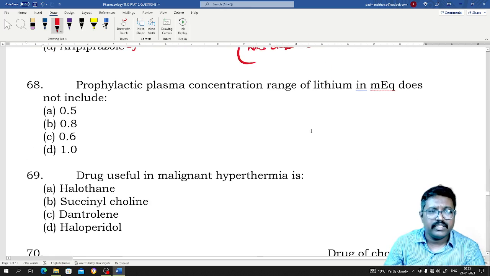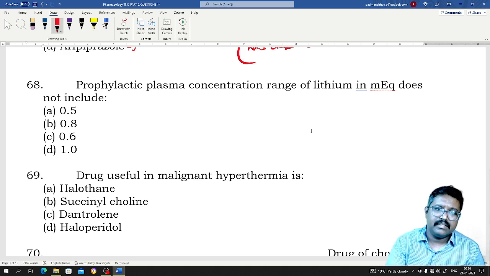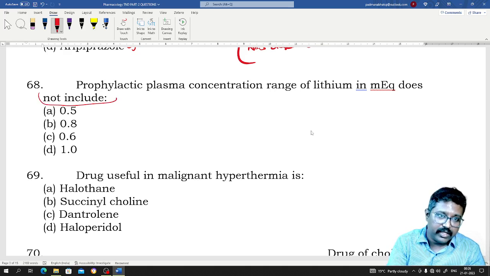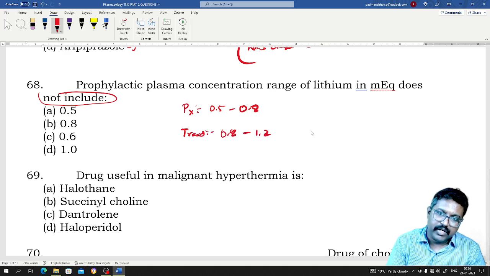Next, moving on to the 68th MCQ, the prophylactic plasma concentration range of lithium in milliequivalents per litre, which is not included. Please remember, for prophylactic purposes we use around 0.5 to 0.8, whereas for treatment you are going to use 0.8 to 1.2.